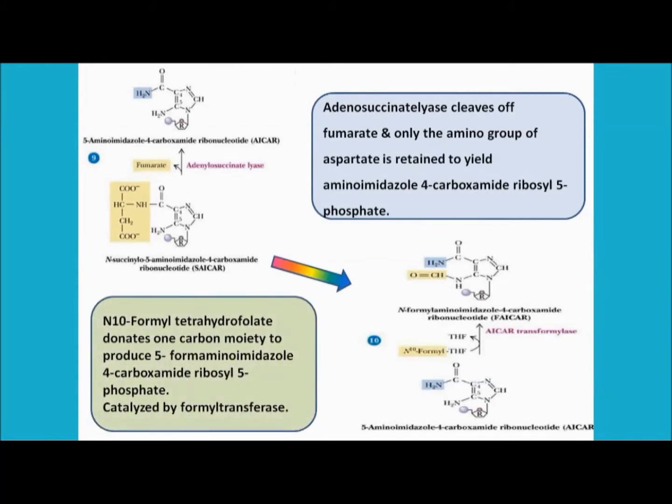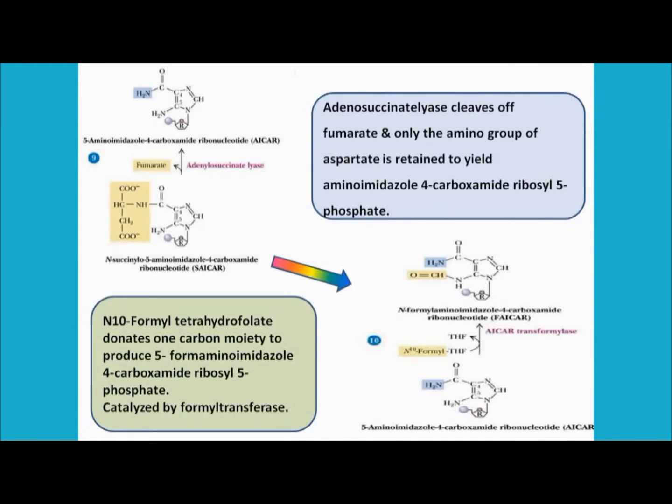Right, now the next component is again the N10-formyl tetrahydrofolate. It will come. So N10-formyl tetrahydrofolate will donate one carbon moiety to produce 5-formamidoimidazole 4-carboxamide ribosyl 5-phosphate. This reaction is catalyzed by the formyl transferase.